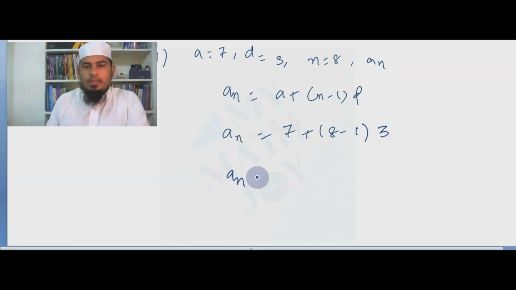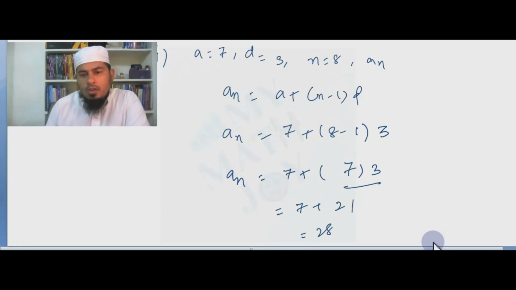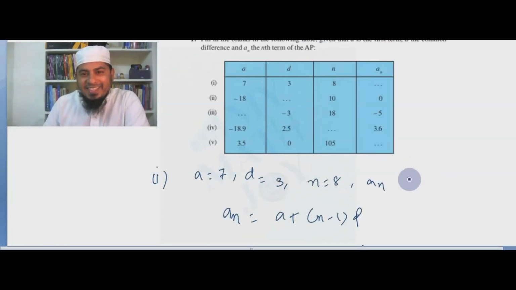So AN is equal to 7 plus 8 minus 1, 7 times 3, 7 plus 21. We need to multiply first, then add. Exactly, we'll get 28. So AN is equal to 28. When we get AN is equal to 28, our problem is over. The problems are dead easy.